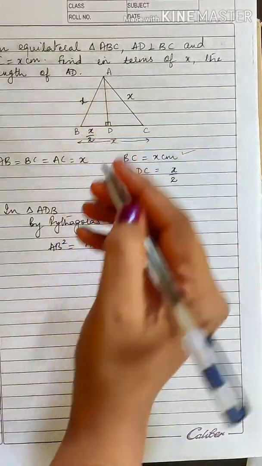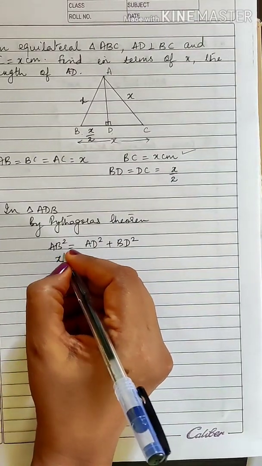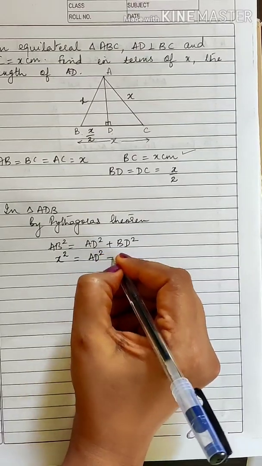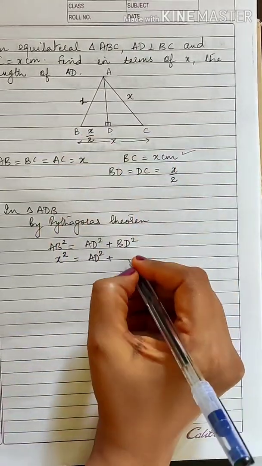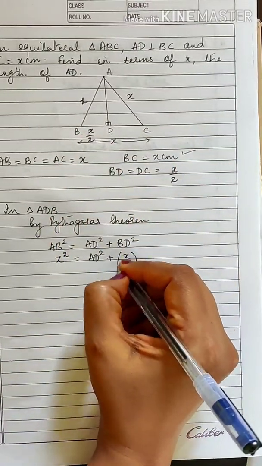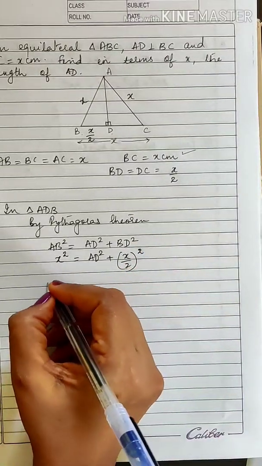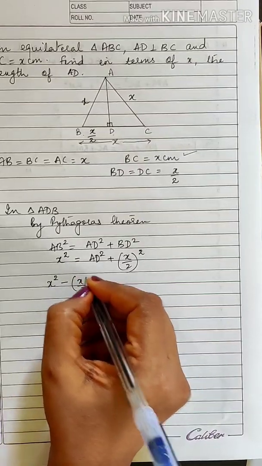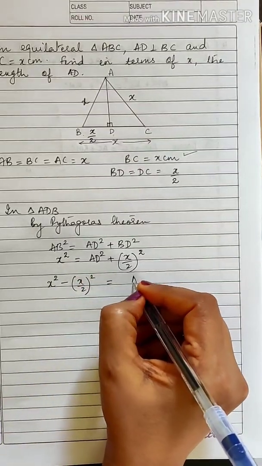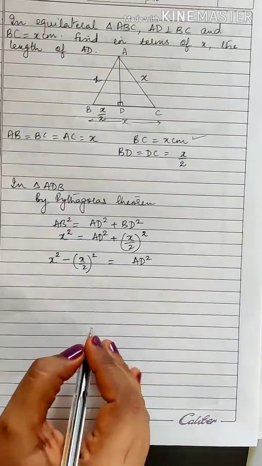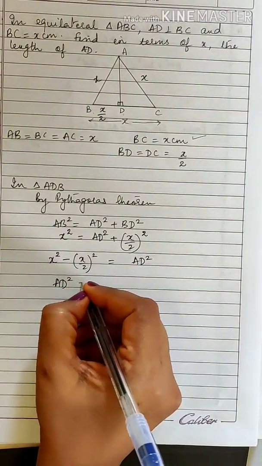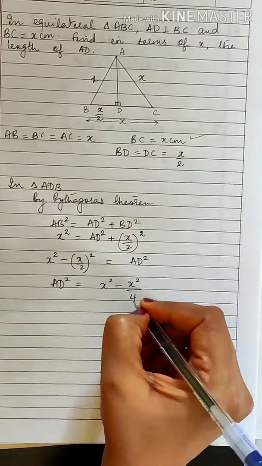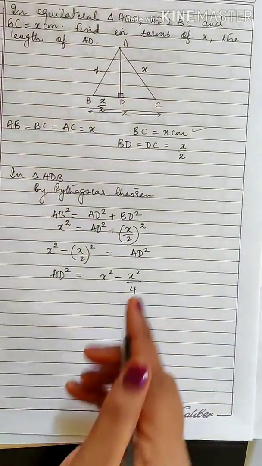Now we already know that AB is x, so this becomes x square, and AD square you are supposed to find, plus BD square. It is (x by 2) the whole square. So you get x square minus (x by 2) the whole square is equal to AD square, or AD square is equal to x square minus x square by 4, squaring (x by 2) the whole square.